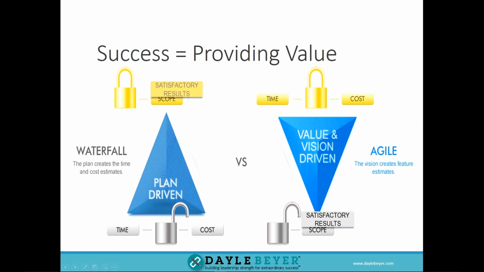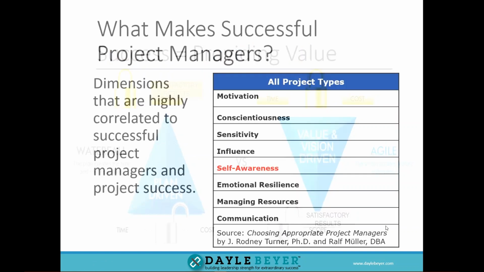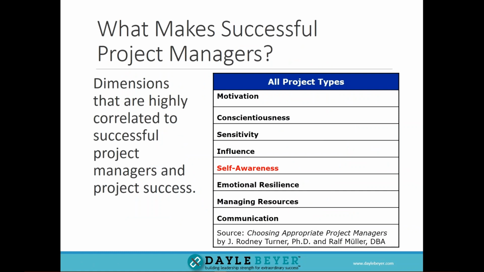Now, there's been a lot of research related to this, not only from a project perspective. The Project Management Institute did a lot of research on this, and they found that across all project types and all types of industries, these are the dimensions that are highly correlated to successful projects.